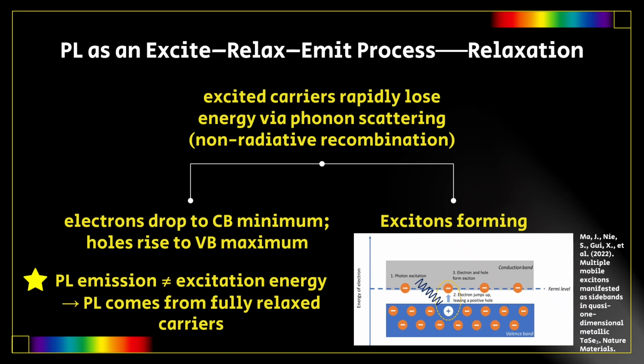The second process is relaxation. Although the electron is initially excited to a high-energy state, it quickly relaxes to the bottom of the conduction band or forms so-called excitons through phonon scattering in around a picosecond.